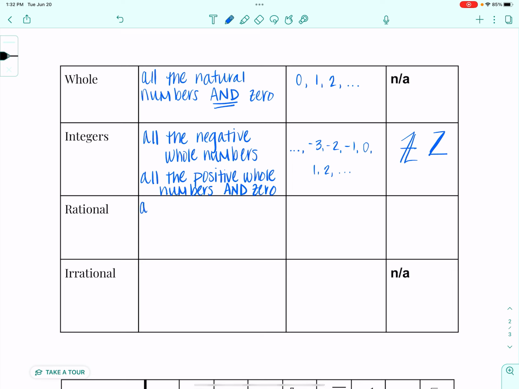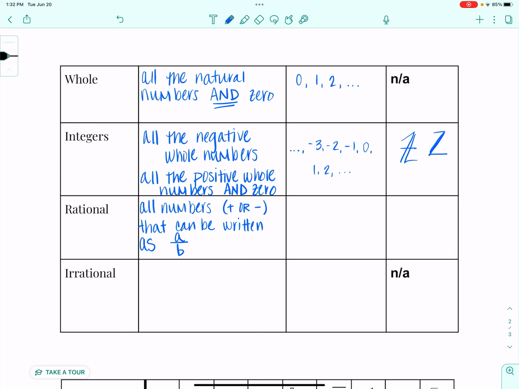This is all of the numbers, positive or negative, that can be written as a fraction.